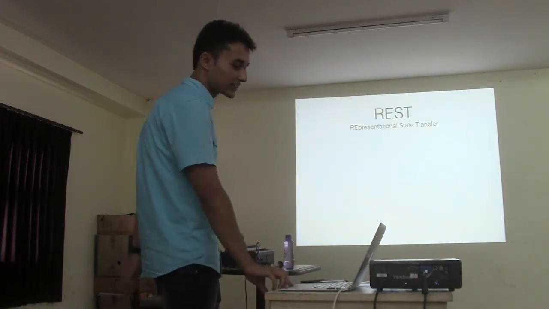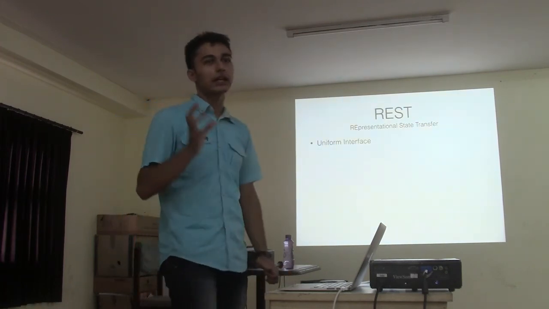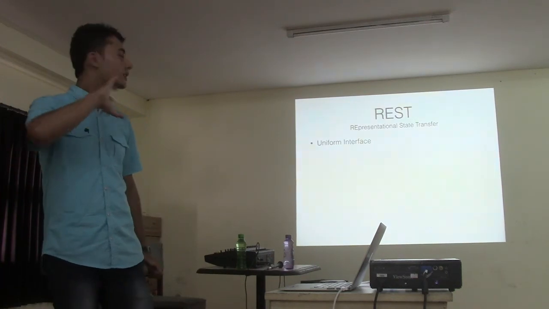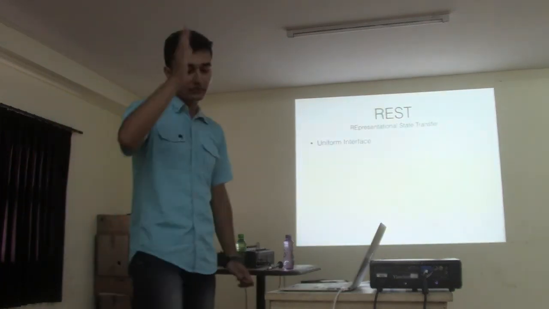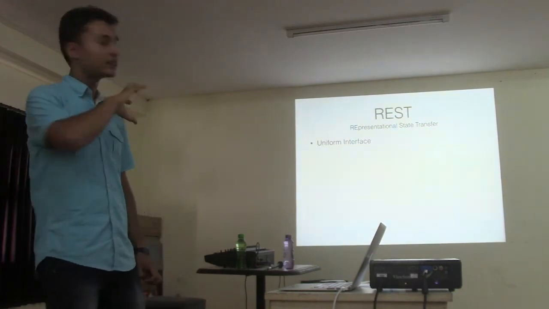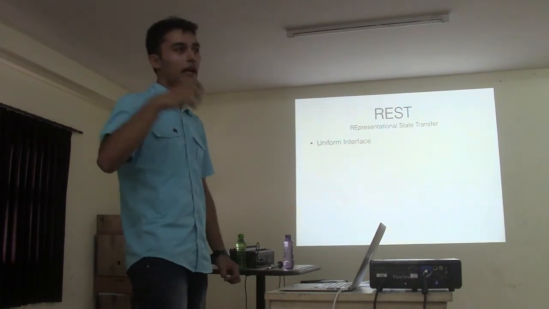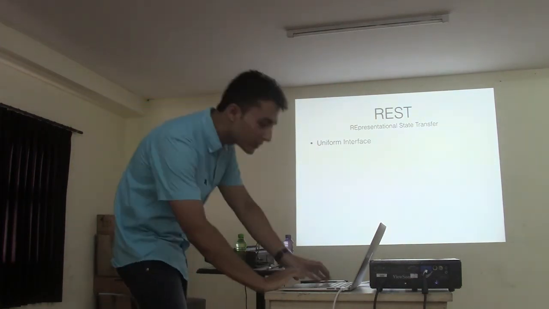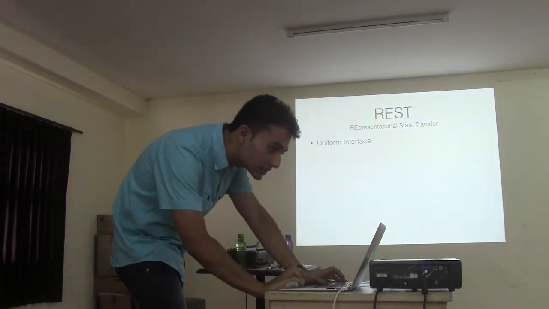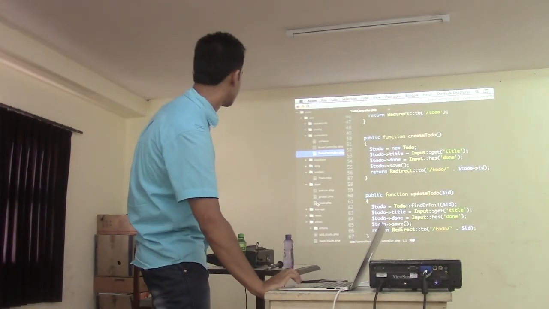So REST, what really is REST? REST has a uniform interface. Like we saw before, the URI representation was /todo/1. That thing is an interface with which we can identify, and I've implemented it.